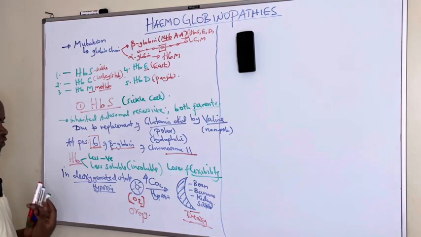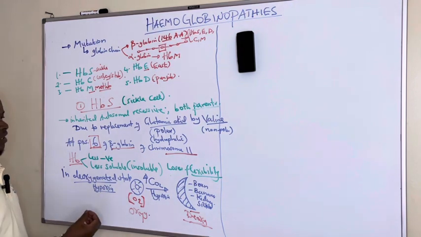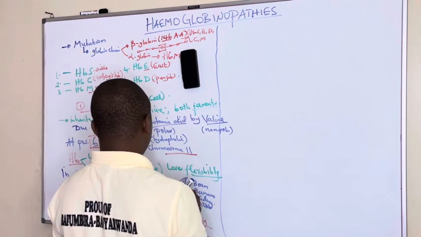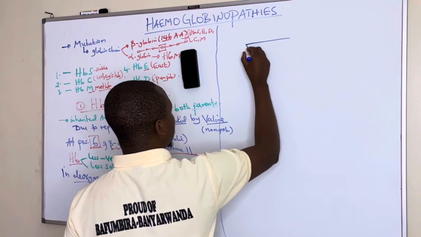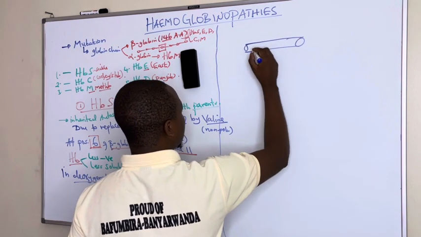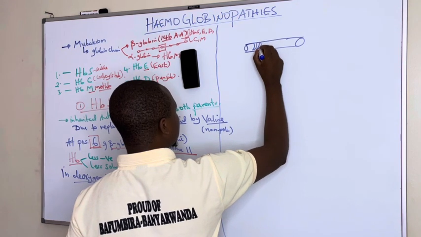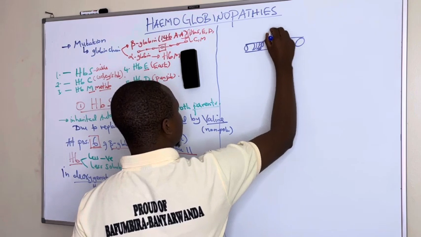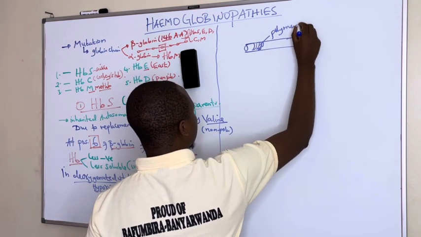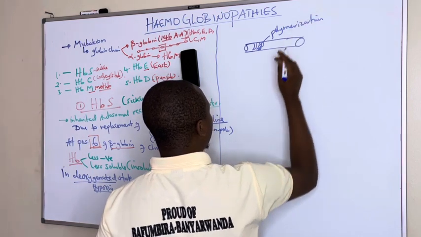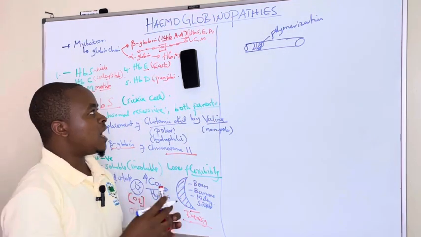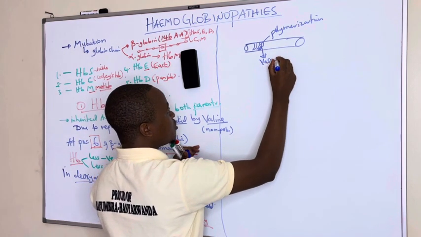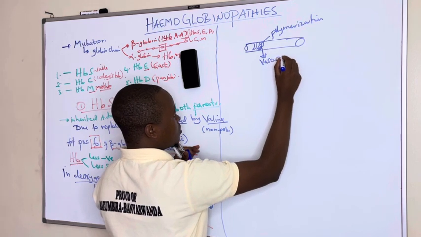And after forming a sickle shape, this enhances polymerization. So if I have a microvascular vessel which is small, these cells are sickling in the presence of little oxygen, or in hypoxia. These sickle cells tend to polymerize, whereby they aggregate together and cause what we call vaso-occlusion.